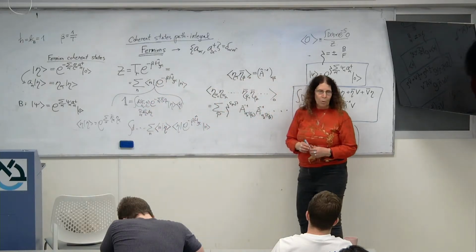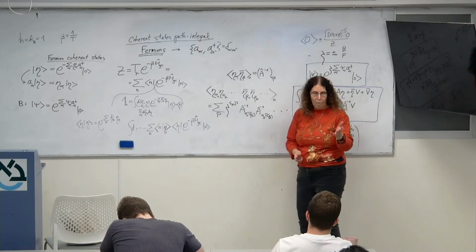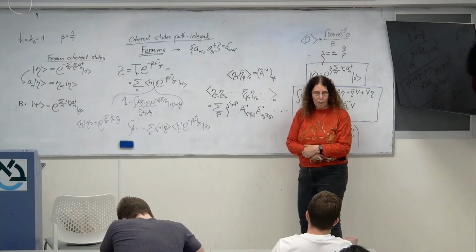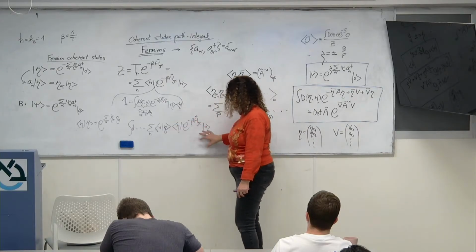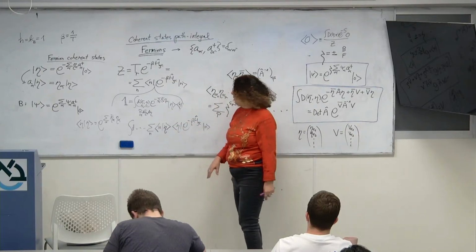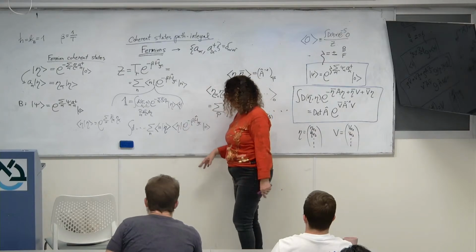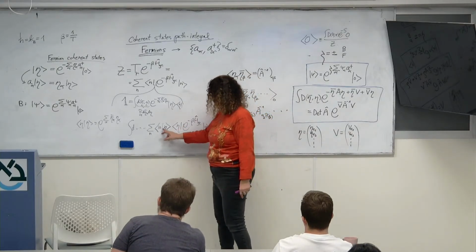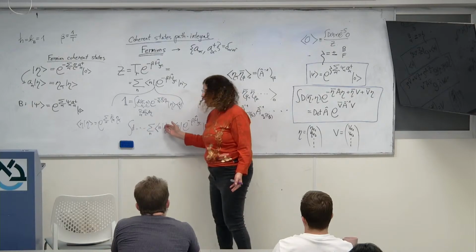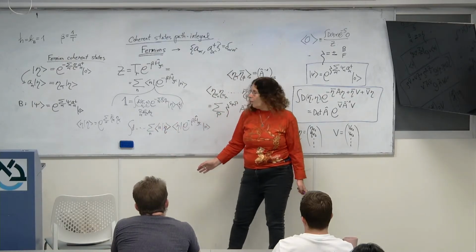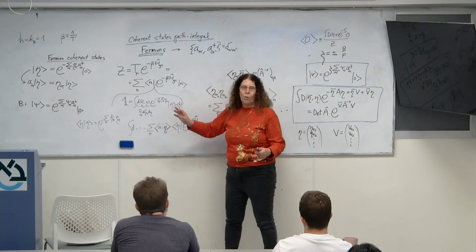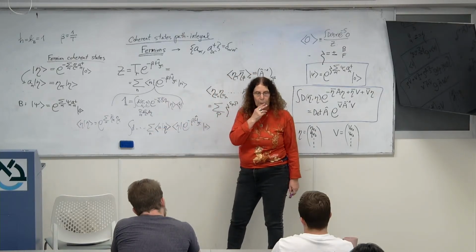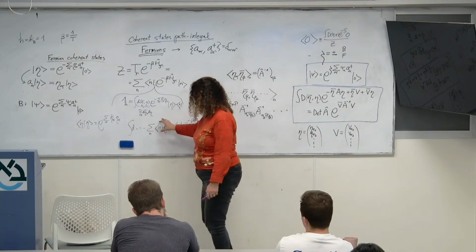Now, what do I want to do? What did we do for the bosons? I remind you. We said, okay, this is some matrix element of an operator, but this is just a number, right? It's an inner product of a coherent state and some Fock state. It is just a number.